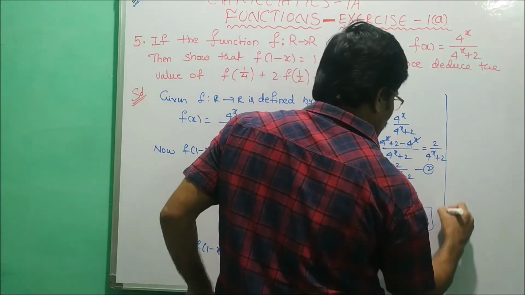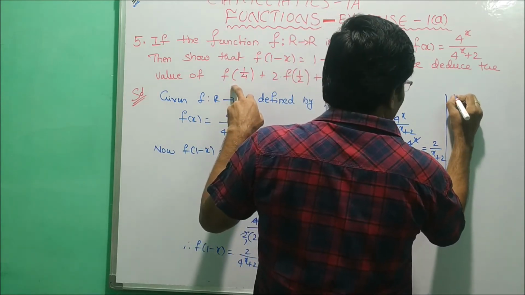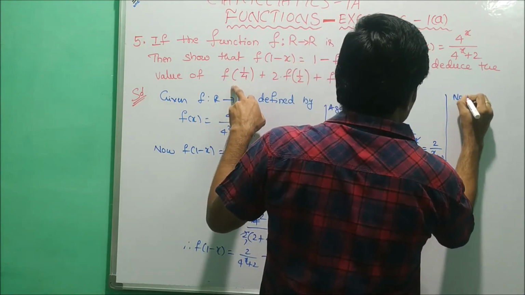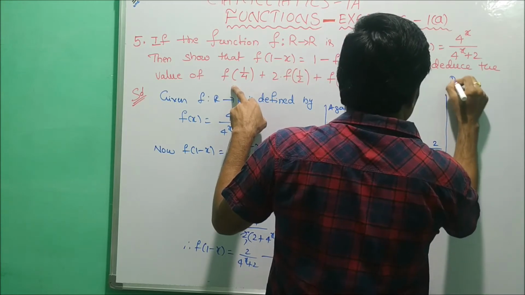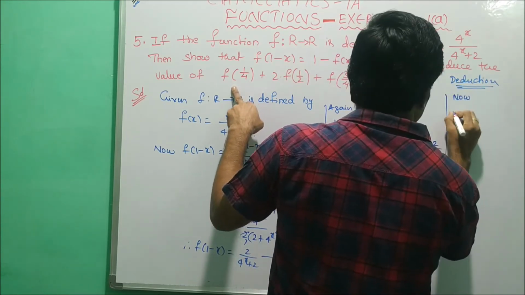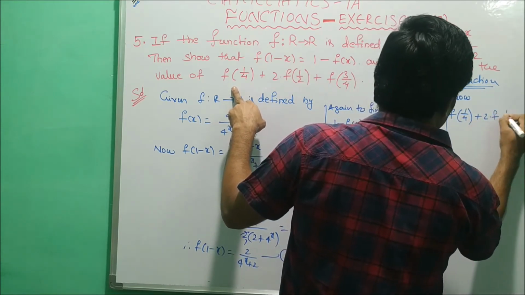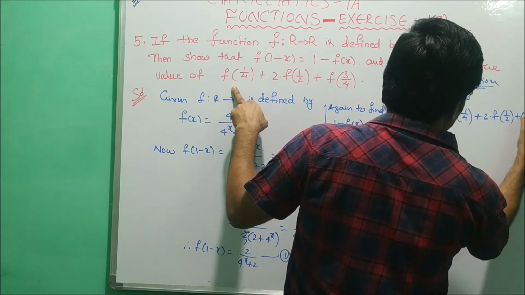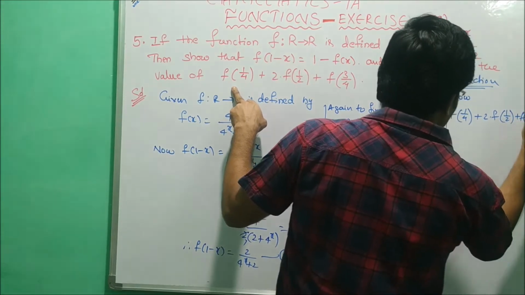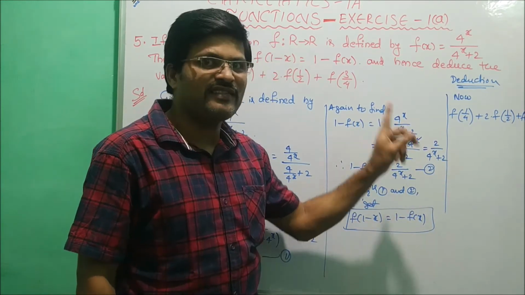Now we write the deduction: f(1/4) plus 2 into f(1/2) plus f(3/4). Here we observe f(1 minus x) equals 1 minus f(x).